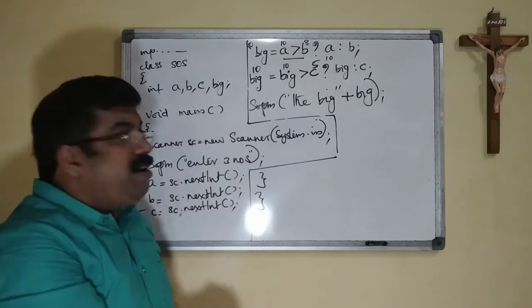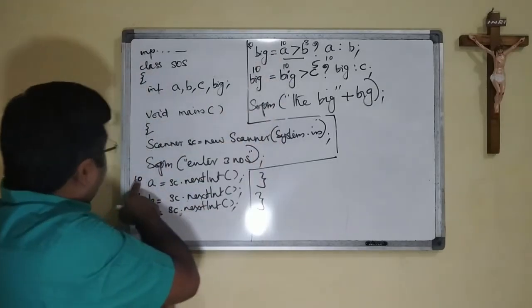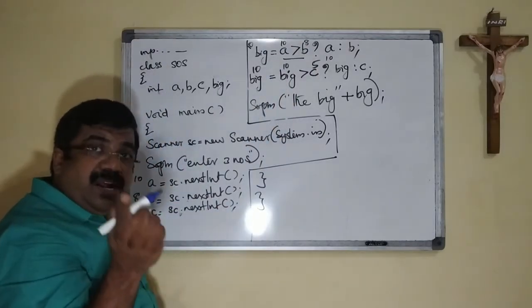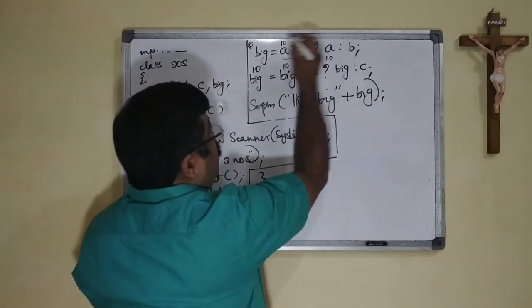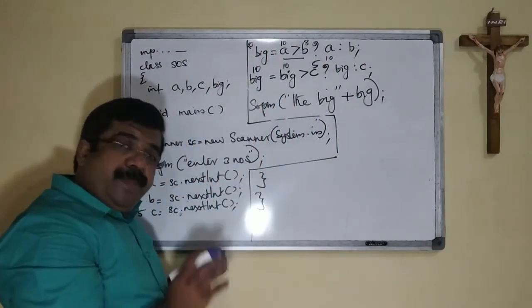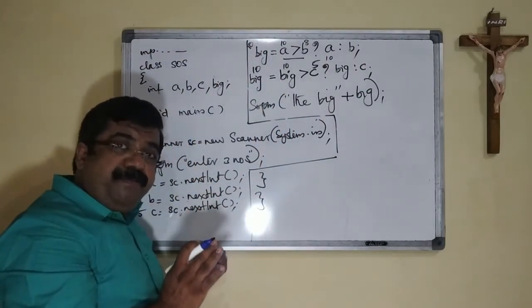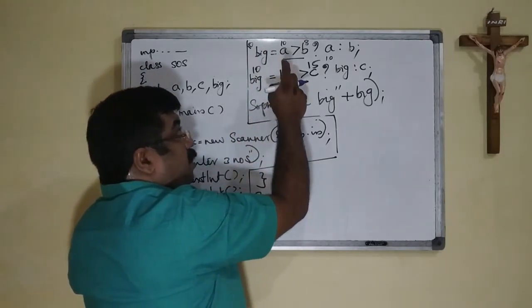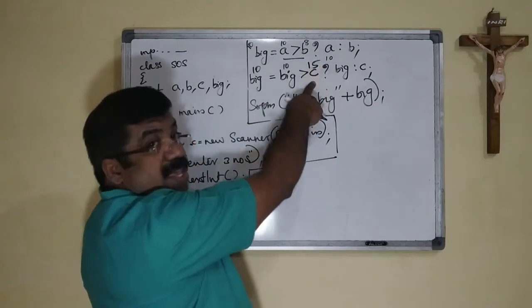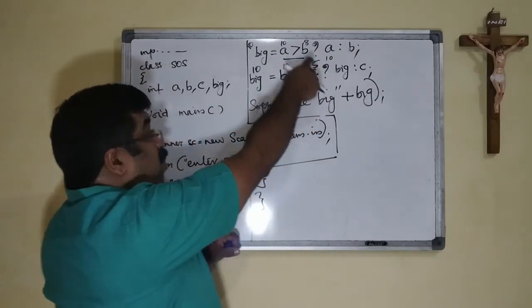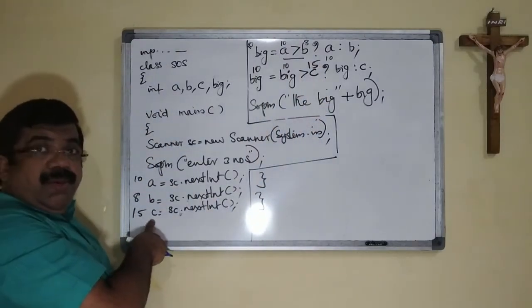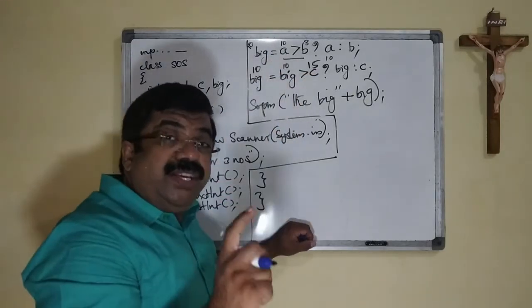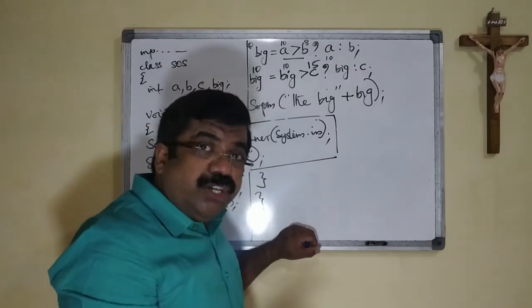Let us have a diagram. A, 10 unchanged, greater than 8, condition true. 10 comes to the big, same as the previous time. Next it is comparing, is 10, the big, greater than the C? What is the value of C? 15. 10 greater than 15 is evaluated to false.